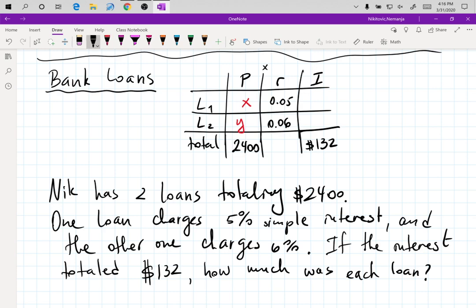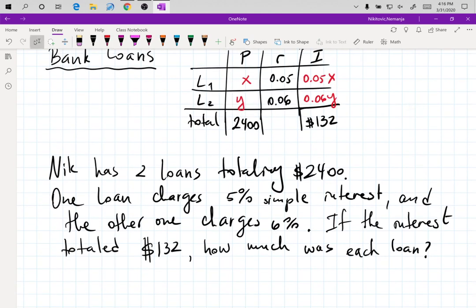So we are multiplying these two and equal the last one. So that's 0.05 X and 0.06 Y. Oops, those are supposed to be red because that's what we are filling in. 0.05 X and 0.06 Y. There we go. Perfect.